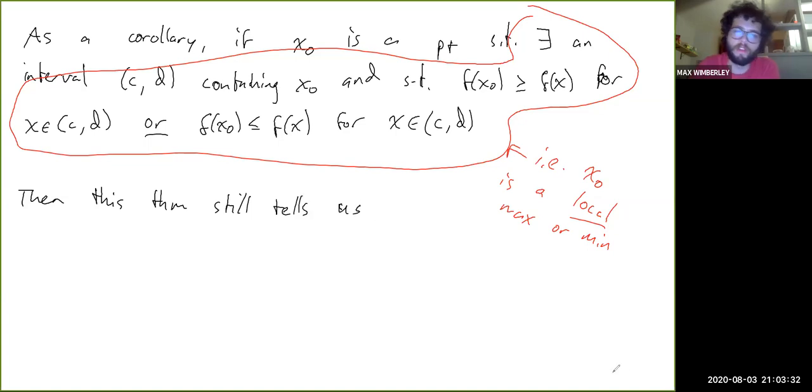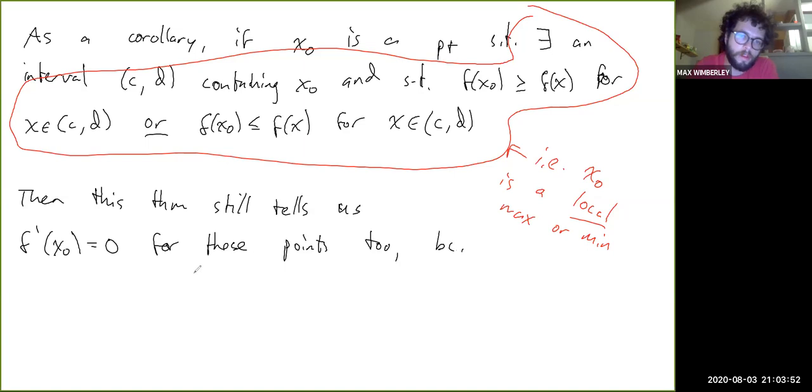In the theorem, we were really only talking about global maxima and minima, but by passing to the restriction, this tells us that f prime of x naught equals 0 for these points too, because we can apply the theorem to f restricted to the interval CD.